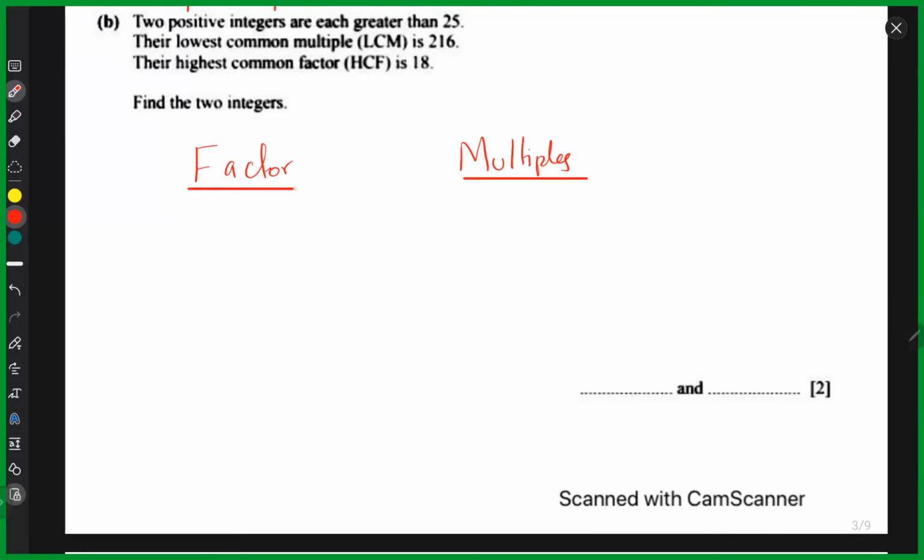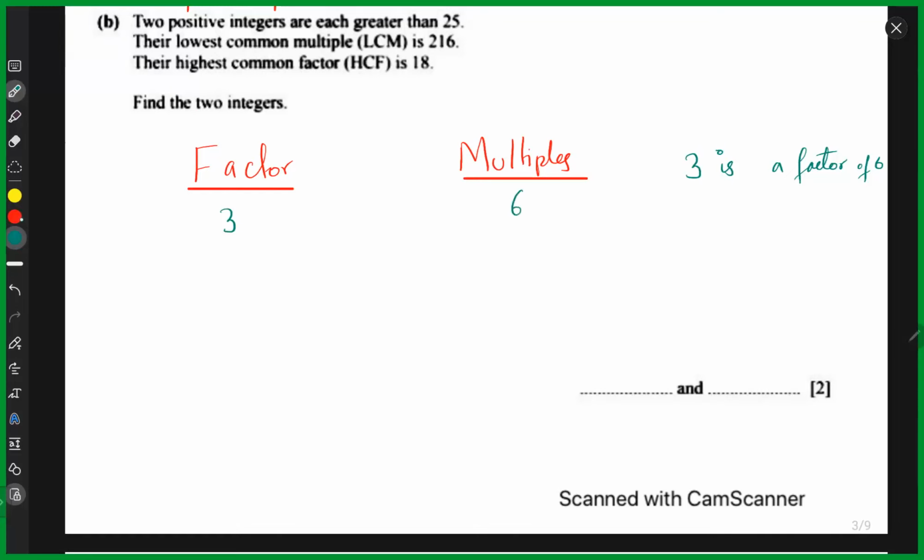If I say that 3 is a factor of 6, it means that in the multiples of 3, I would get 6.